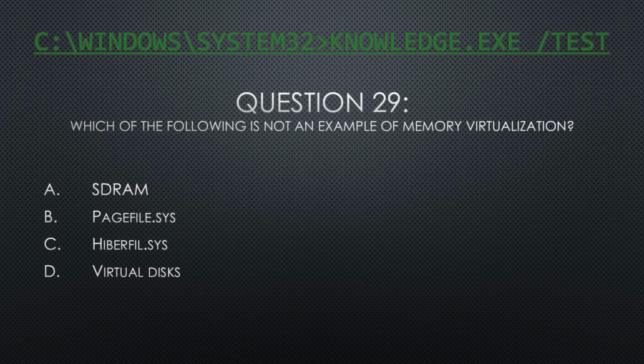Question number 29. Which of the following is not an example of memory virtualization? A. SDRAM. B. The pagefile.sys file. C. The hyperfill.sys file. D. Virtual disks. The answer is A. Remember, SDRAM is a type of RAM which is physical memory. System files and virtual disks fall under memory virtualization.